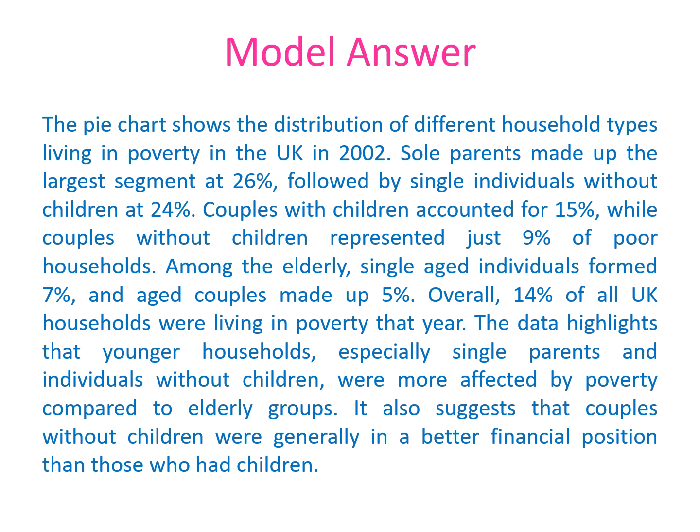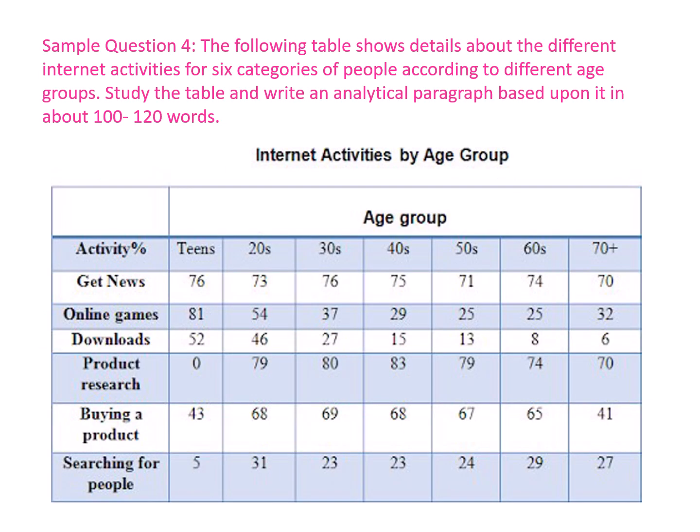The data highlights that younger households, especially single parents and individuals without children, were more affected by poverty compared to elderly groups. It also suggests that couples without children were generally in a better financial position than those who had children.